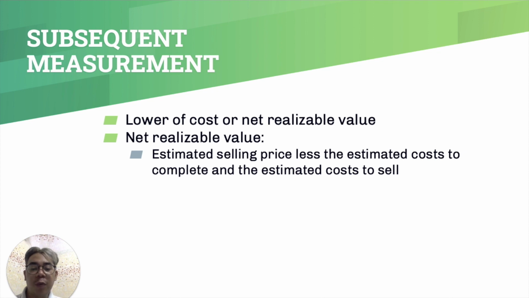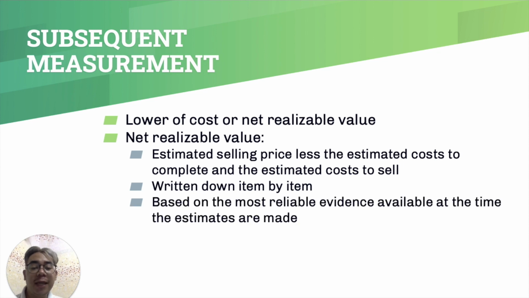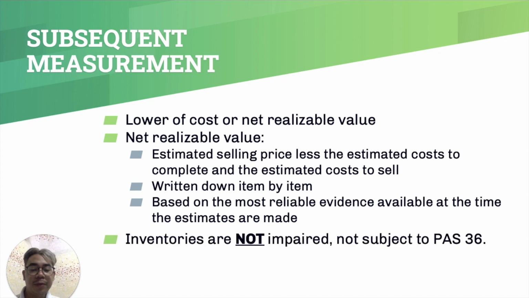Take note that when you have a write down, or mas mababa yung NRV, then you write it down item by item. So hindi po siya whole inventory or total inventory basis, kundi inventory by inventory basis. And you only base it on the most reliable evidence available at the time the estimates are made.